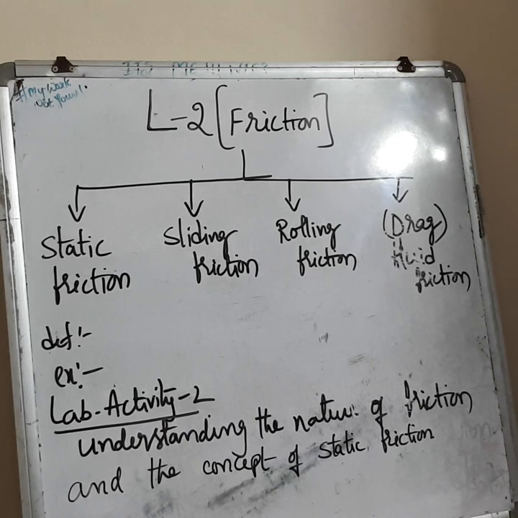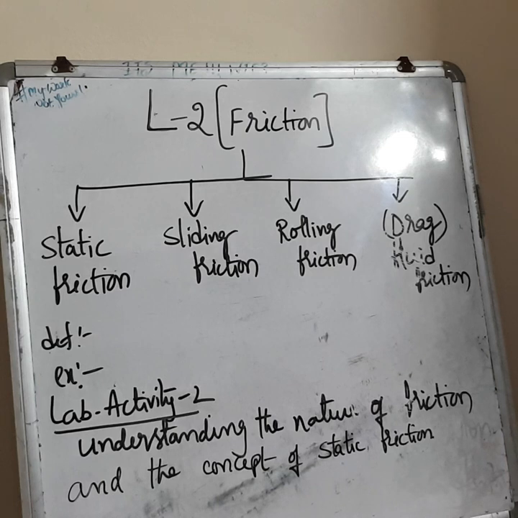From this example, static friction has a limit, after which it changes into sliding friction. Learn the definitions of static friction and sliding friction. Sliding friction is the friction which comes into play when the surface of one object moves relative to the surface of another object. When an object moves, it is sliding friction.